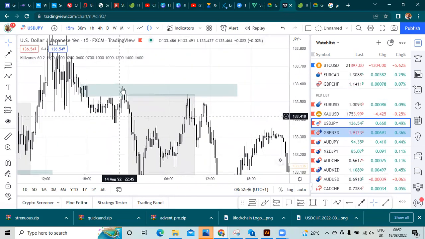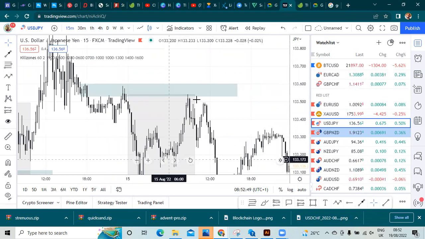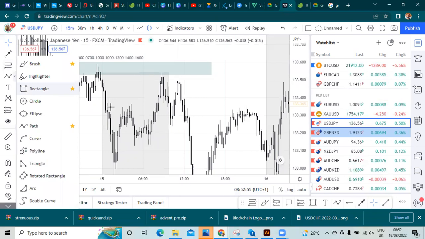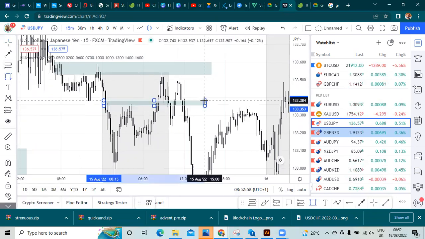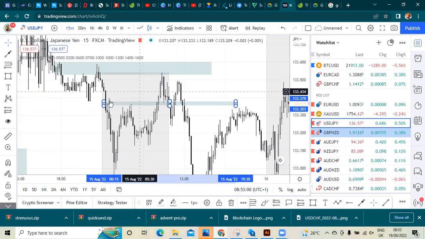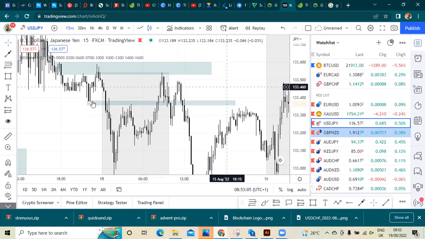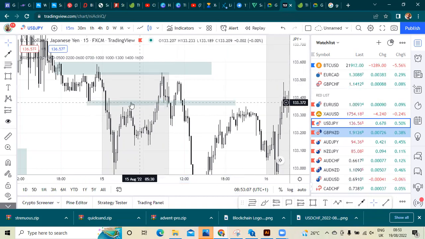Good. So now, after this reaction, what happened? It comes back here, they want to sell even more. Or they can use an area like this, making sure it touches where they want. As you can see, it touches here, it's sold here.